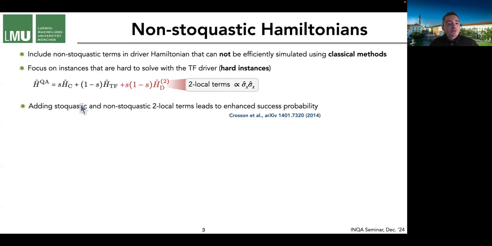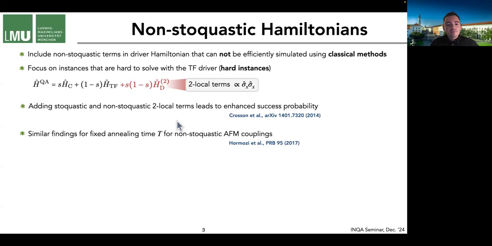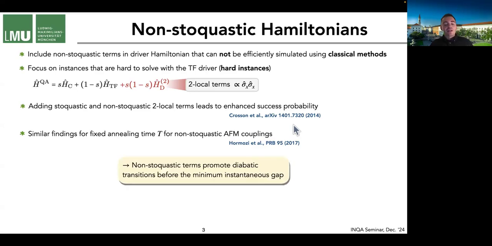And indeed, it has been shown that adding these non-stochastic Hamiltonians, and also other stochastic ones with two-local terms, gives you an enhanced success probability for these intermediate times. So it seems to promote these diabatic transitions at low times, giving you a higher probability to be in the ground state. And similar findings have been reported here for non-stochastic AFM couplings, basically with the same kind of conclusion.